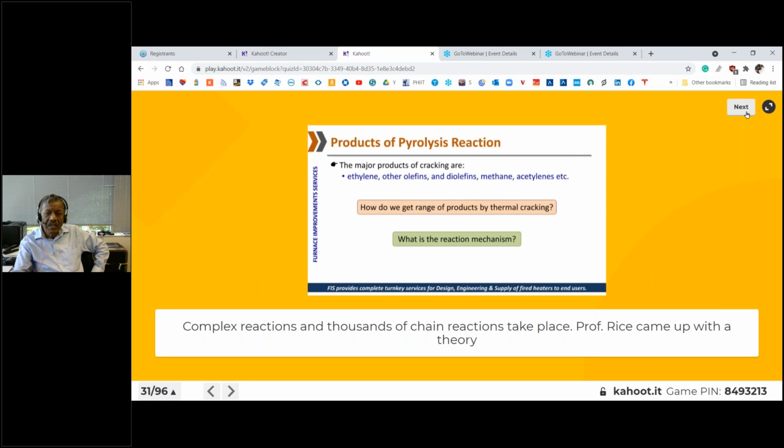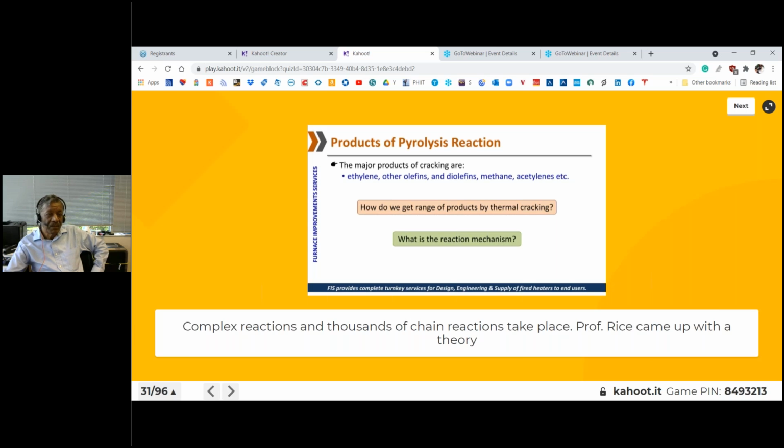So when we do cracking, we get a lot of products, and these are complex reactions, and thousands of chain reactions take place. Professor Rice came up with a theory in the 1930s explaining how these reactions are taking place. How do we get ethylene, olefins, diolefins, methane, acetylene, etc.? And what is the reaction mechanism?